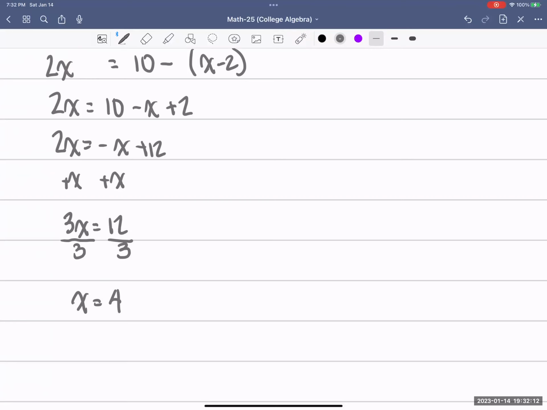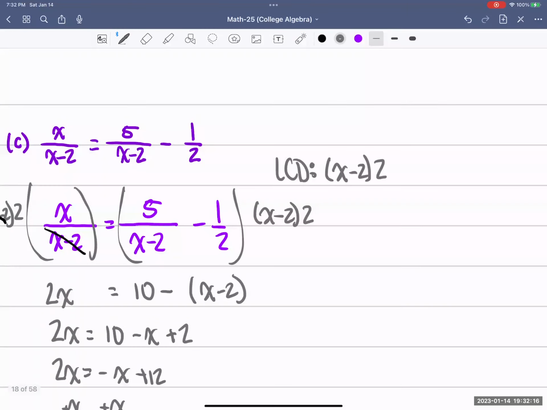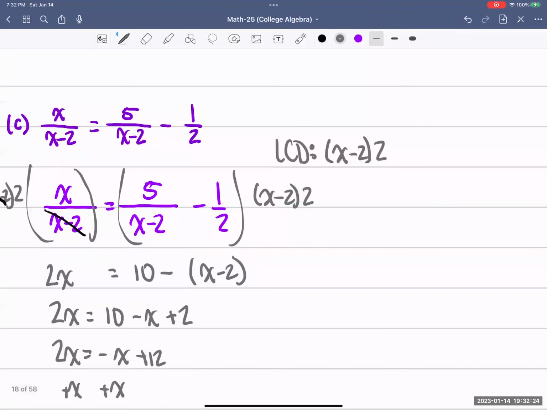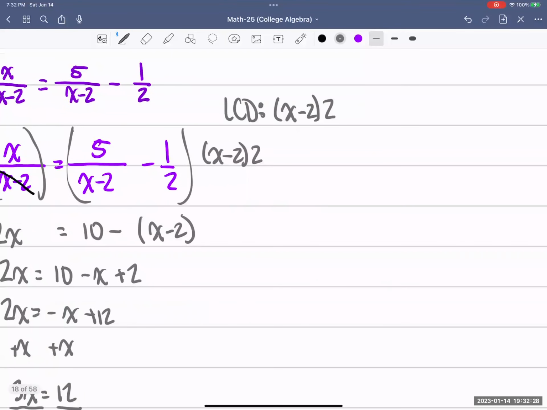But we can't say that that is our only solution, or that is a solution to this equation. We have to see what values we have to exclude. So from here, we say that x minus 2 cannot equal 0.